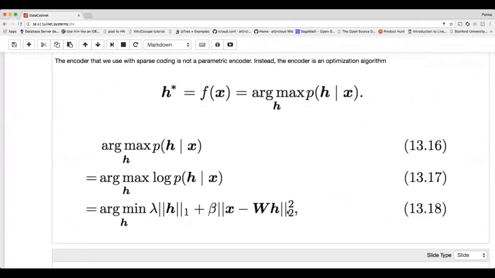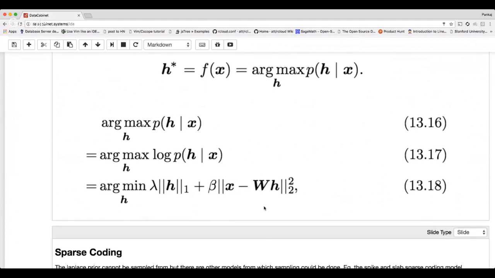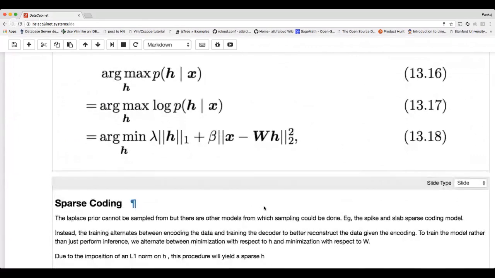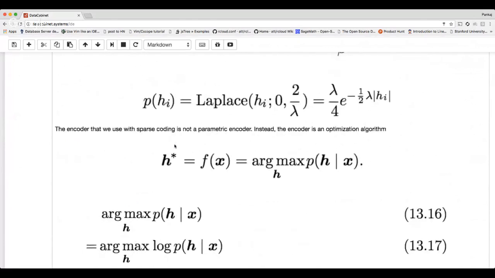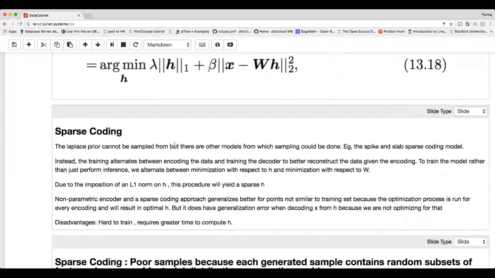So given x, you're trying to figure out W as well as h. Given a bunch of points, you're trying to figure out this weight and this h as well, the representation as well as h. Every time you're given x, you're trying to compute h by using this method. And this is, I forget which method.